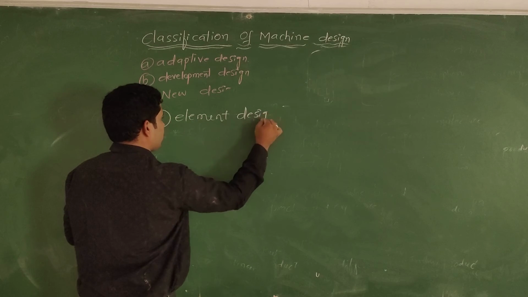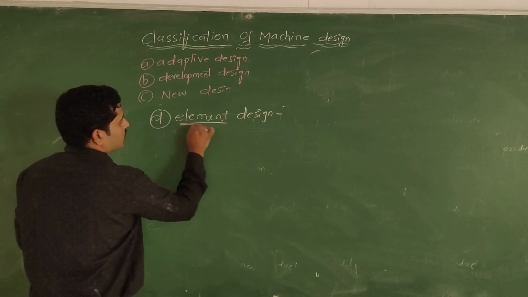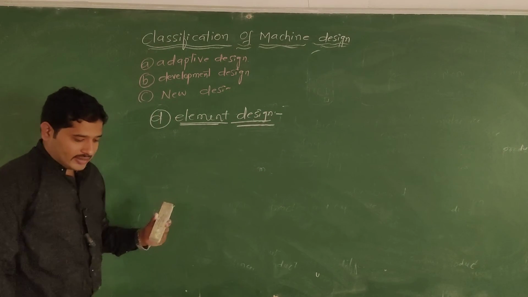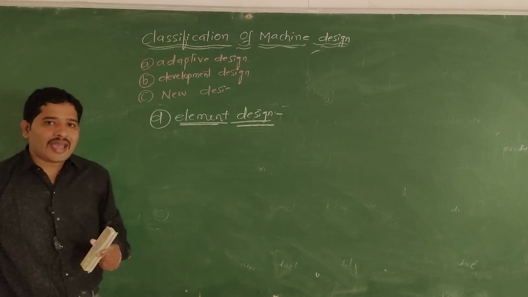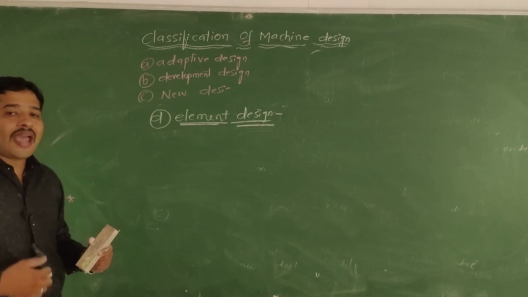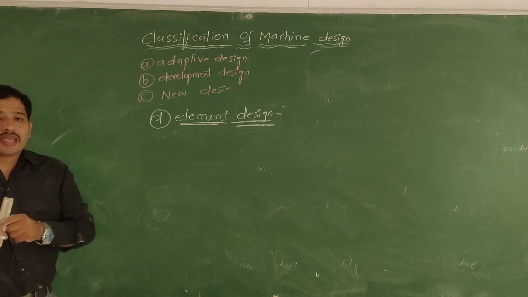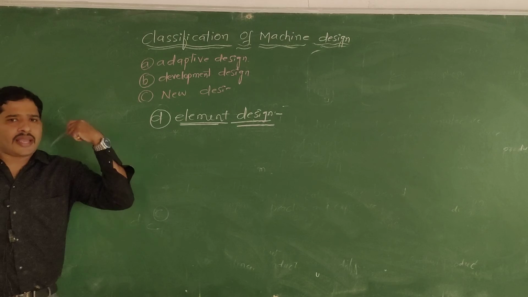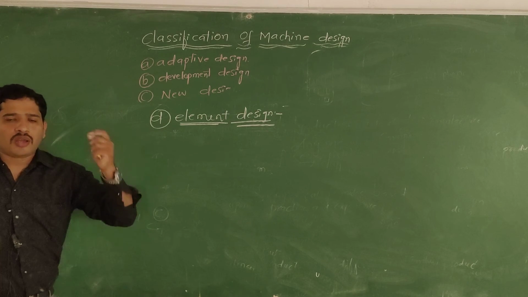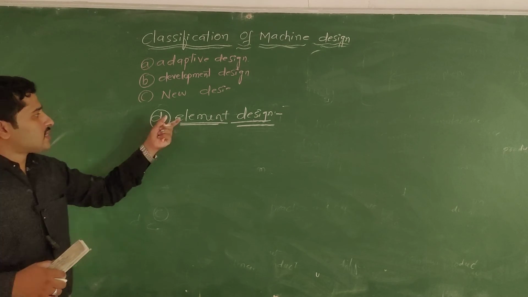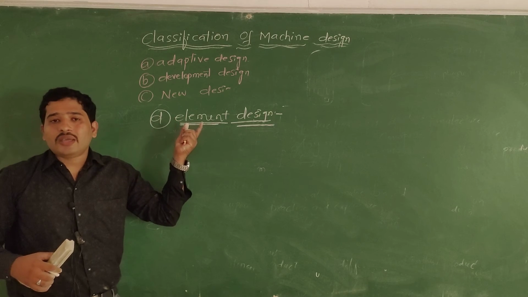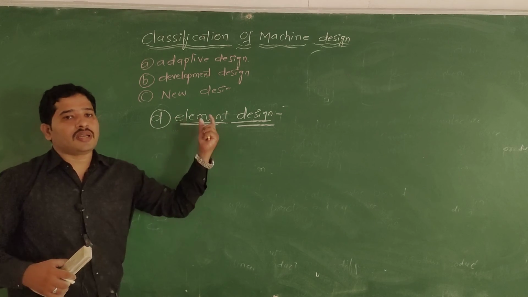In element design, it is the design of any machine element or machine component in a mechanical system, like piston, connecting rod, shaft. Such type of design making we call element design.